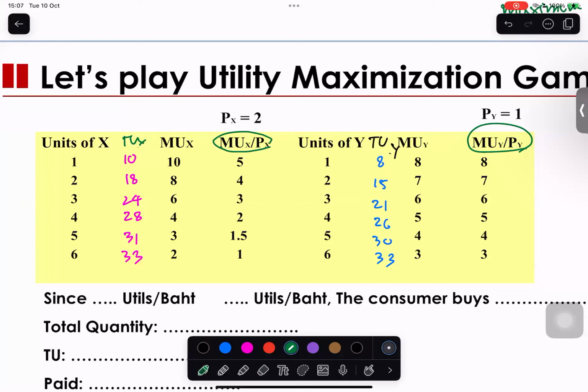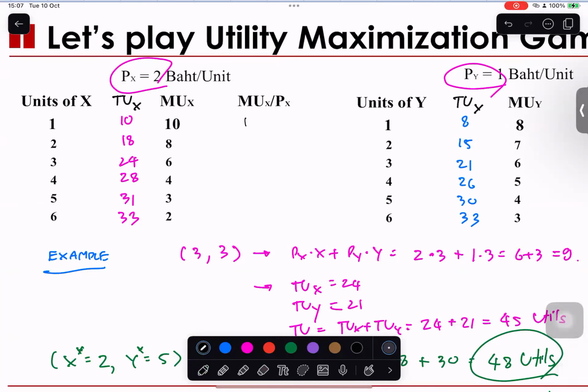Okay, just an example. I will use the previous table to do this. 10 divided by 2, 5. 8 divided by 2. Okay.